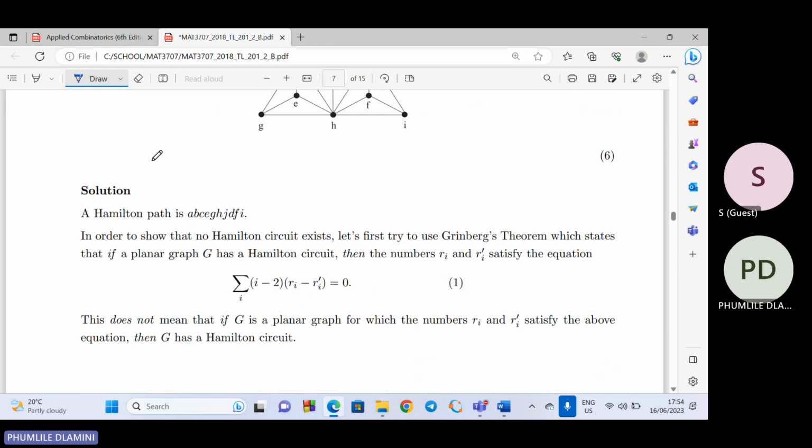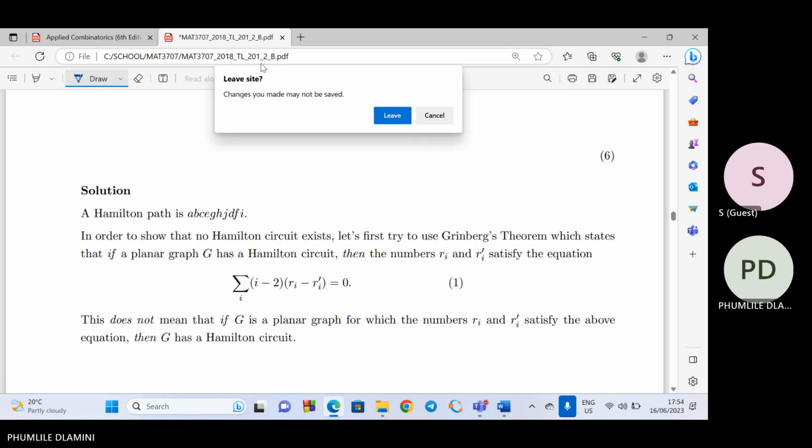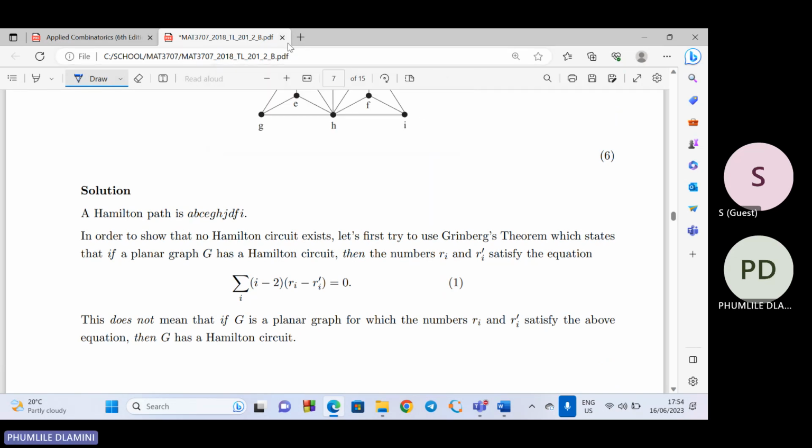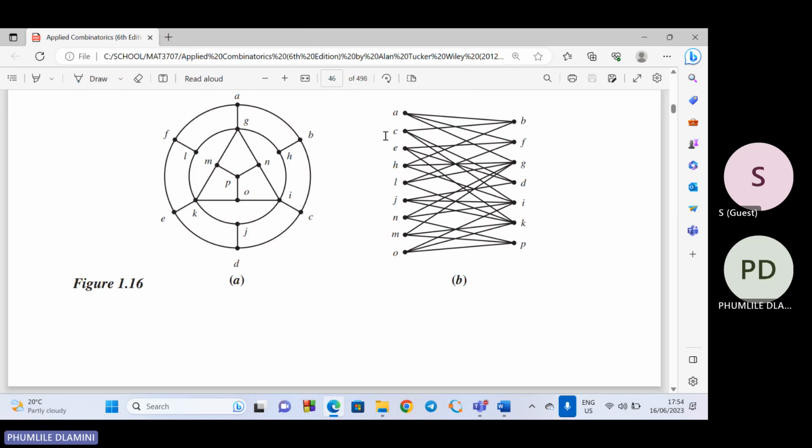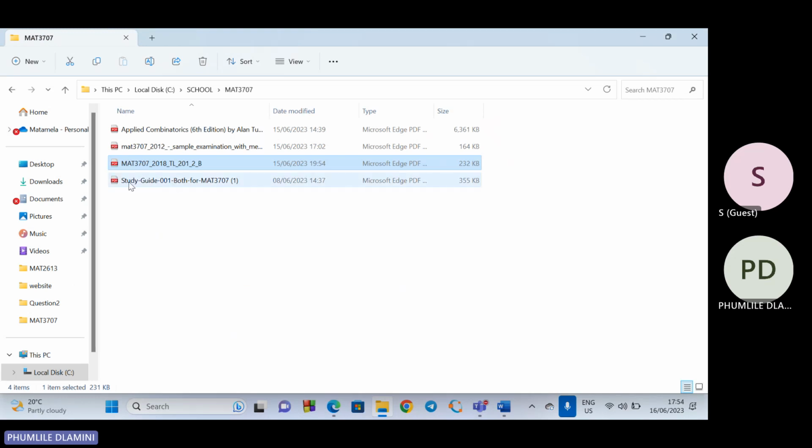Going forward, we don't have more here. Maybe we can find another question paper. But I think so far with MAT3707, it's very simple. It's just a beginning. So I think you are not having a problem, unless you are having any problem that you can tell me.